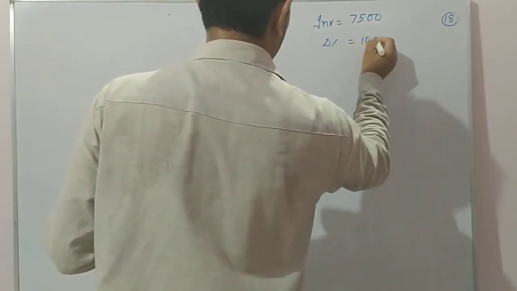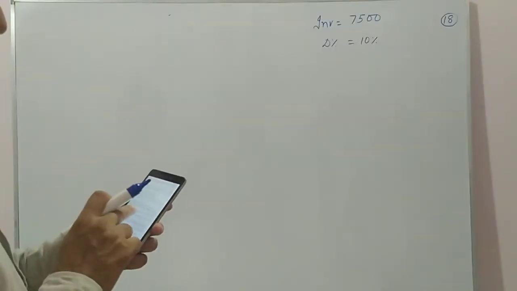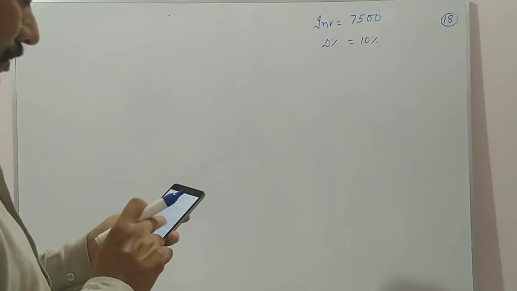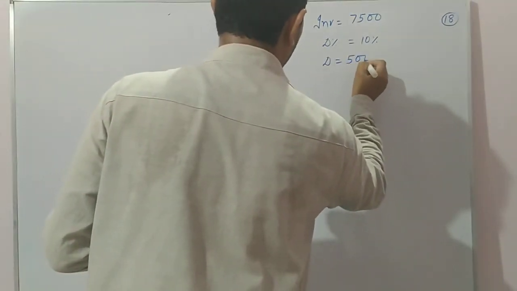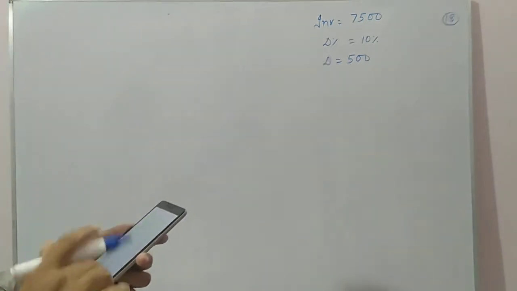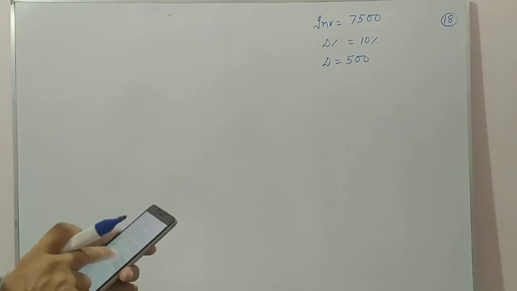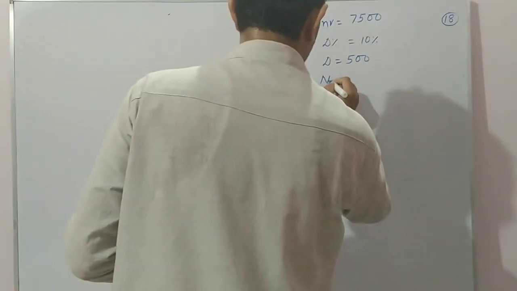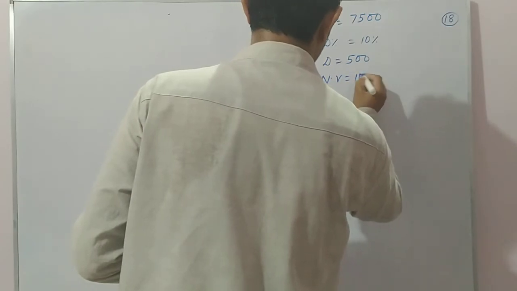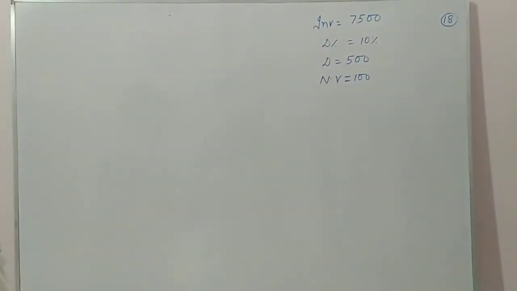Dividend percent is 10%. An income of 500 is received. Income means a dividend of 500 is received. Nominal value is 100. We have to find the price paid for each rupees 100 share.